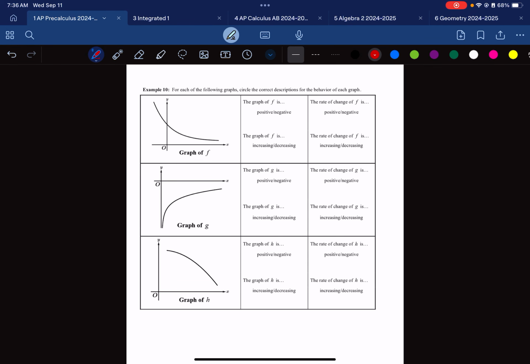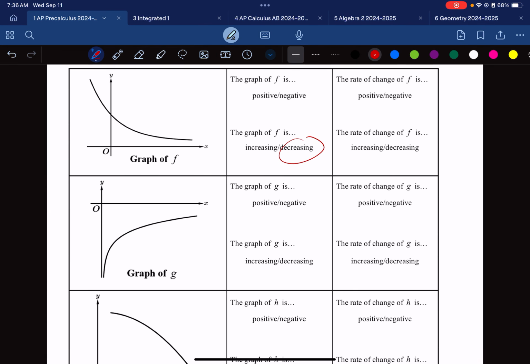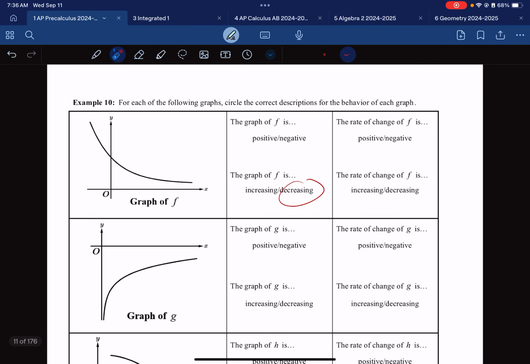So what's going on with this first graph? And again, it's fun to analyze it with heights, but it's not necessarily the best way. So the heights are going down, therefore my function is indeed decreasing. The graph of f is decreasing. But if it's talking about the graph itself, am I talking about slopes or am I talking about heights?